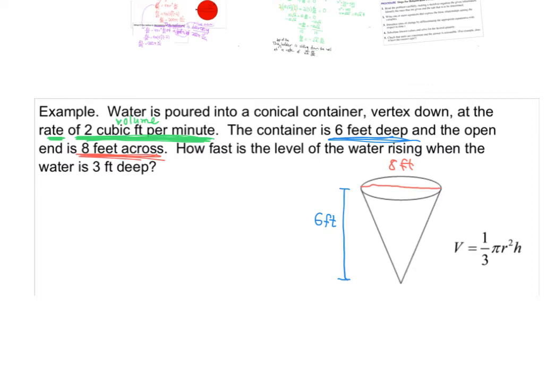All right. I see a question word in the next sentence. So this is where I'm going to see the thing that I am being asked to find. How fast is the level of the water rising when the water is 3 feet deep? All right, let's label this water.